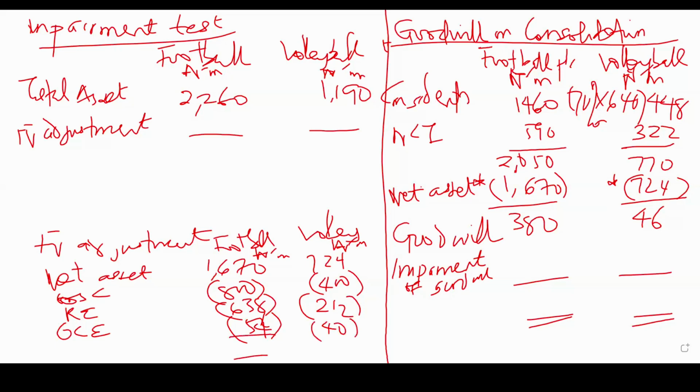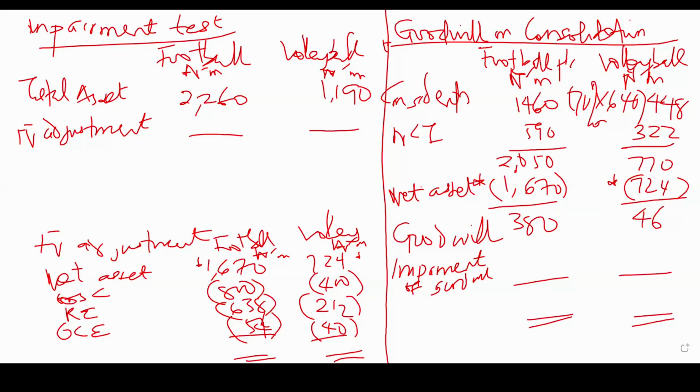Now let's do the math. If their net asset is this much, when you add 800 plus 638 plus 54, what do you get? Just do that one alone. 1492.